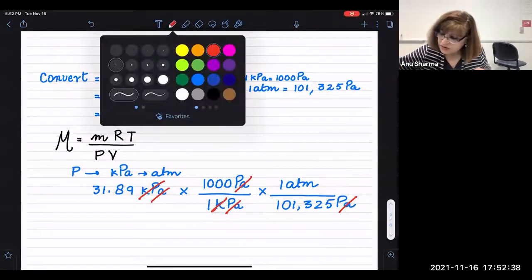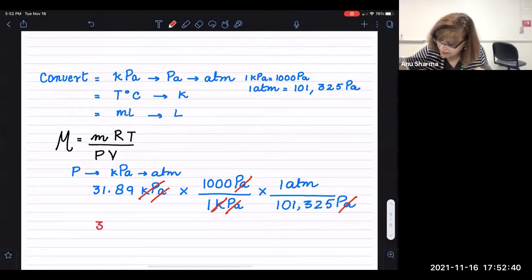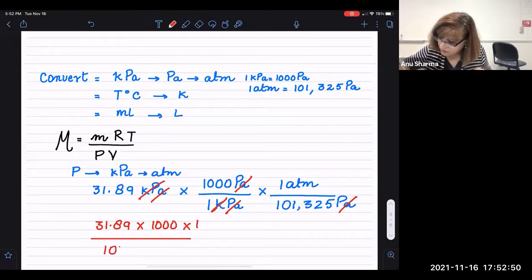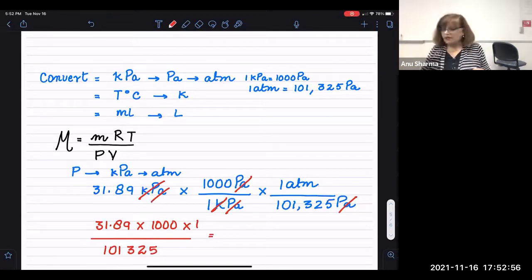So now you just do the math. 31.89 times 1000 times 1 divided by 101.325. All right, do this. What do you get?